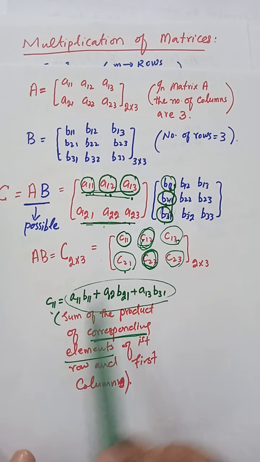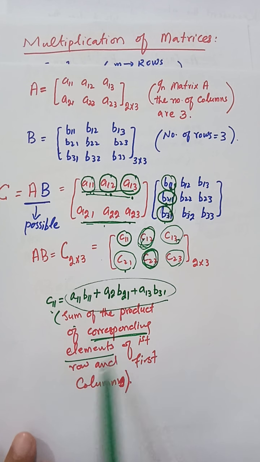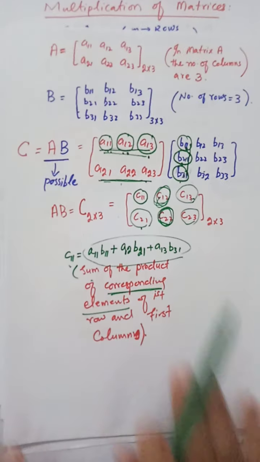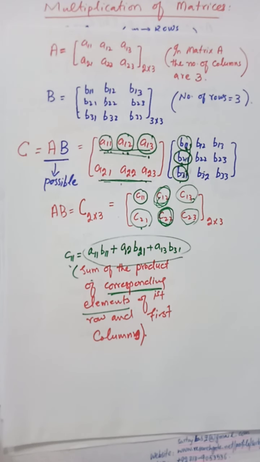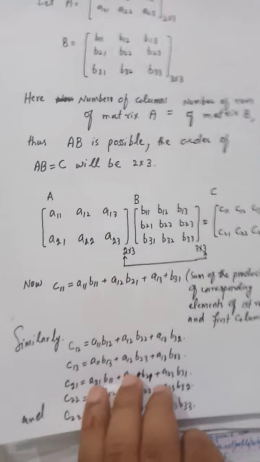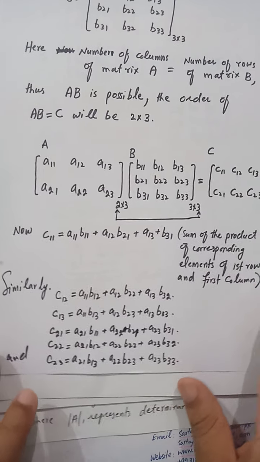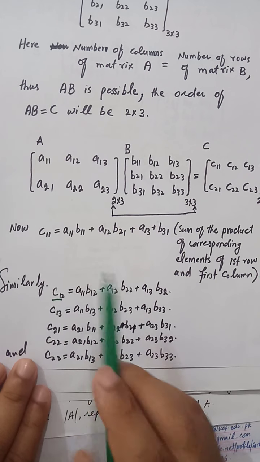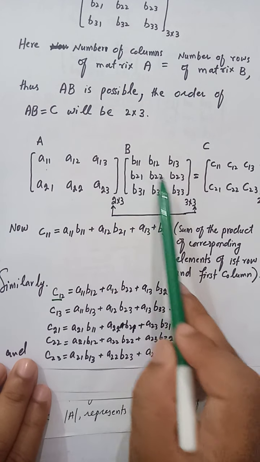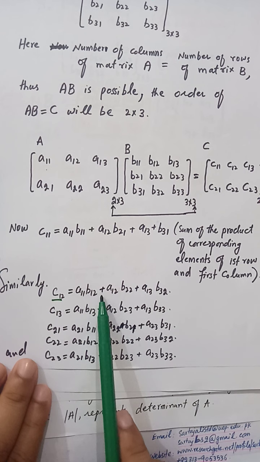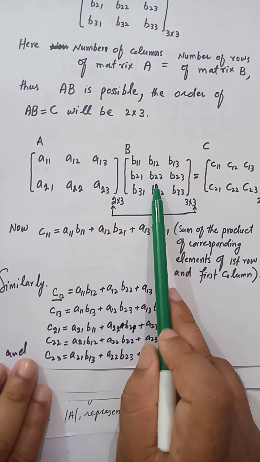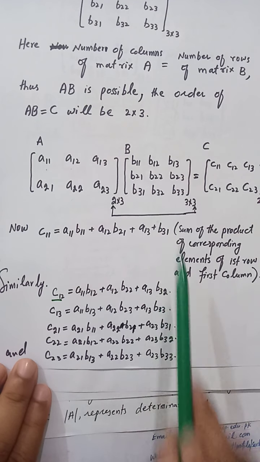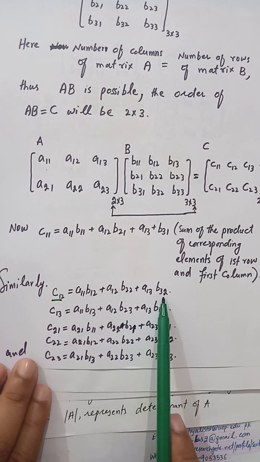So this C11 is obtained from the sum of the product of corresponding elements of first row and first column. This C12 will be equal to, you may see it from here, A11 multiplied with B12, plus A12 multiplied with B22, plus A13 multiplied with B32.